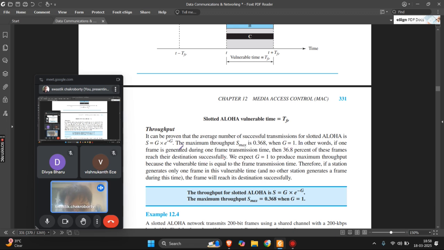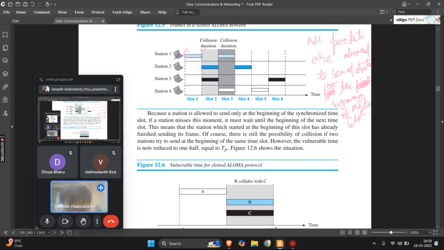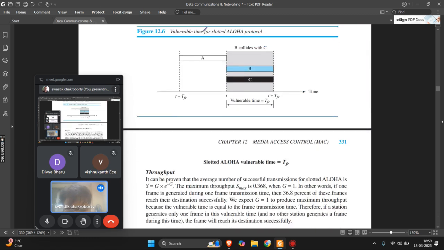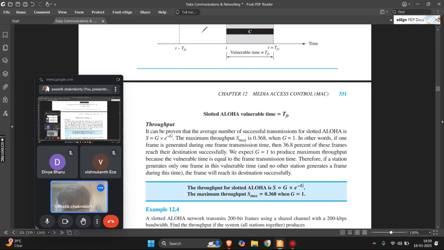In other words, if one frame is generated during one frame transmission time, then 36.8% of these frames reach their destination successfully. So the stations are generating one frame at a time. At a particular instant, only one station is generating a frame, not others. Even then there may be a collision, because some other stations might have already generated packets but are waiting for their slot.